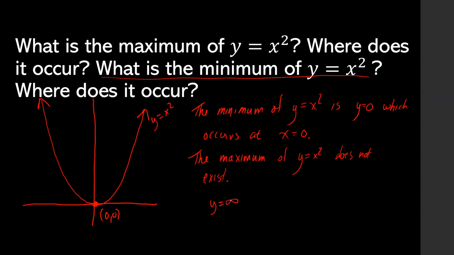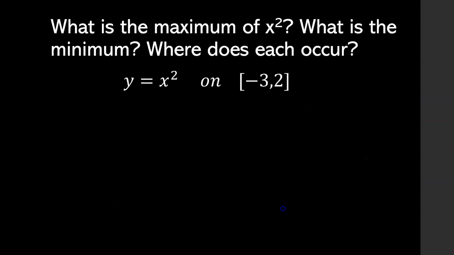Okay, well, I can think of a bigger number. How about infinity plus 1? No, that's larger. What about infinity plus 1 to the second power? When we say maximum, we mean one particular number. And since x squared grows to infinity, x squared doesn't have a maximum.